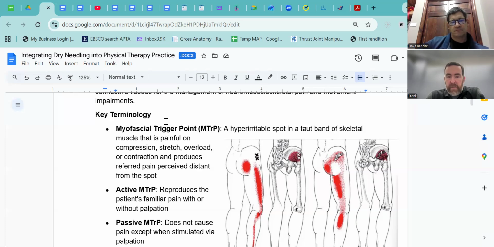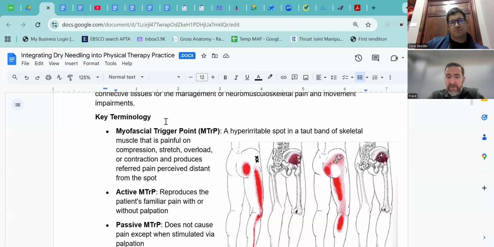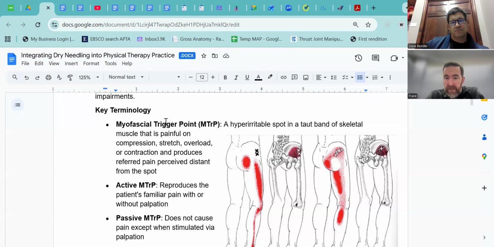There's a trigger point up in the gluteus medius, gluteus minimus that can refer anywhere from that posterior glute max down along the lateral leg. And so these are, A, things to watch out for, and B, they're also needling targets. You might have a patient who's coming in with some lateral thigh pain that may or may not have a myofascial trigger point in that glute med or min.